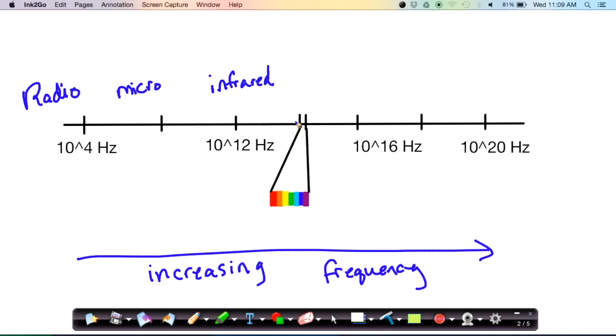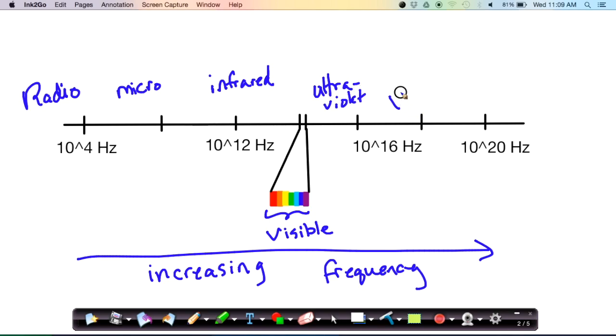Just higher in frequency than infrared radiation, we have visible light. So you see your Roy G. Biv right here. This is our visible spectrum. These are the frequencies of electromagnetic radiation that we can see. As we move higher in frequency, we see ultraviolet comes next.